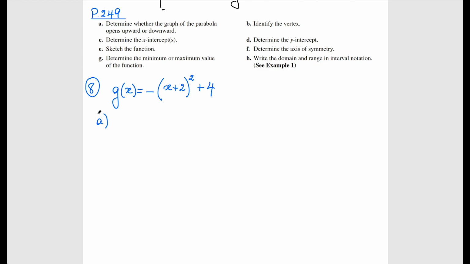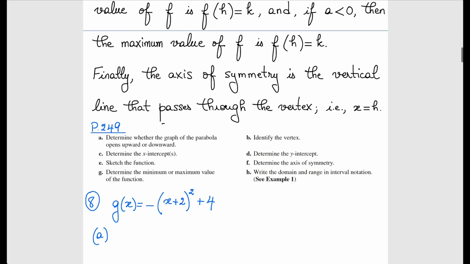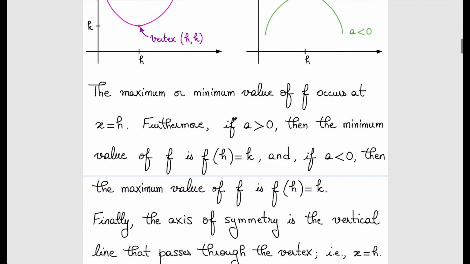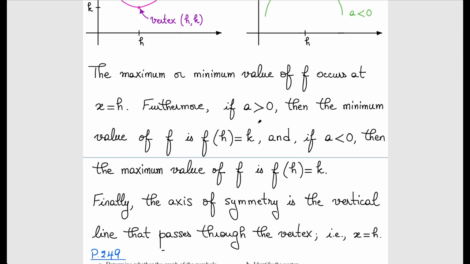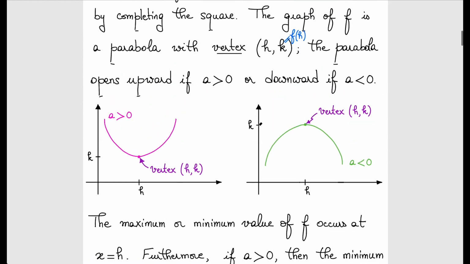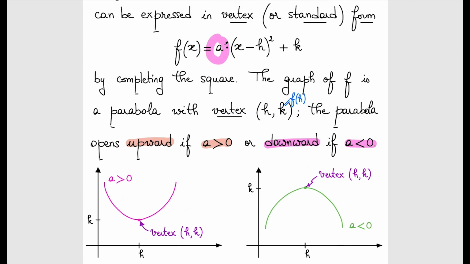Part A: determine whether the graph of the parabola opens upward or downward. Based on the discussion we just had, what determines whether the parabola opens upward or downward is the a, right? If a is positive, the parabola is going to go upward, and if a is negative, then the parabola is going to go downward. And who's a? It's the guy sitting here, correct?